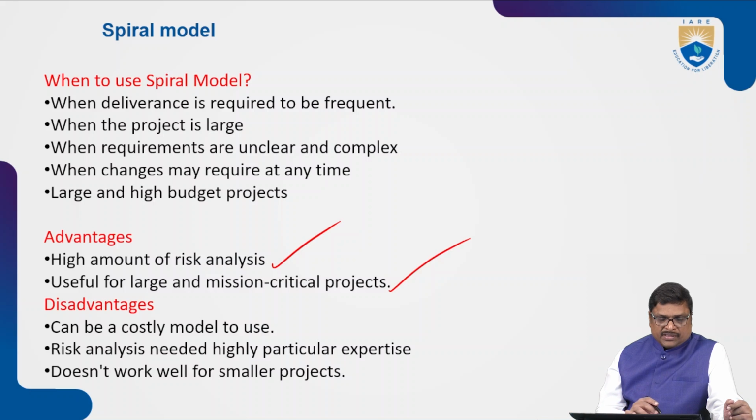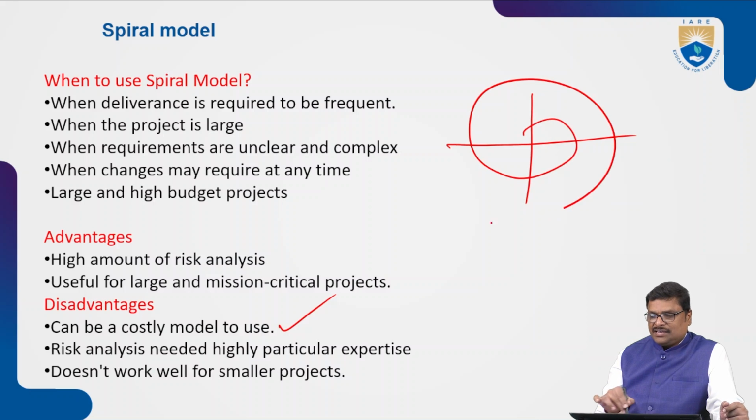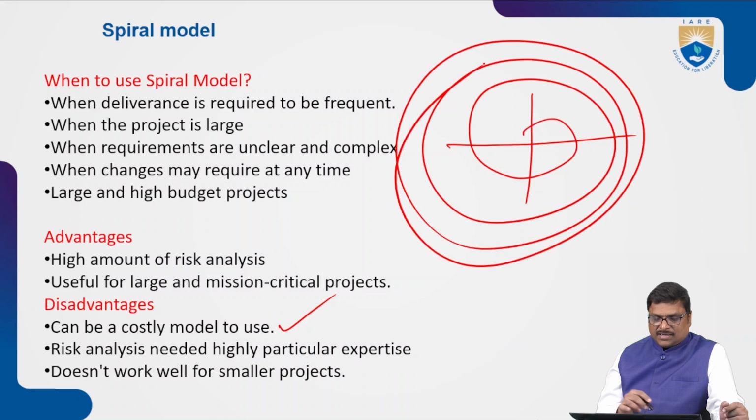Then the disadvantages: it can be a costly model to use. Obviously, the spiral model is very costly because we do so many iterations and so many cycles. It is a costly effort.